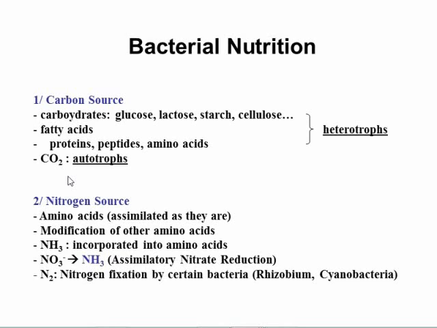Source of nitrogen. Well, if you have amino acids hanging around, you can take them up and use them as a source of nitrogen.